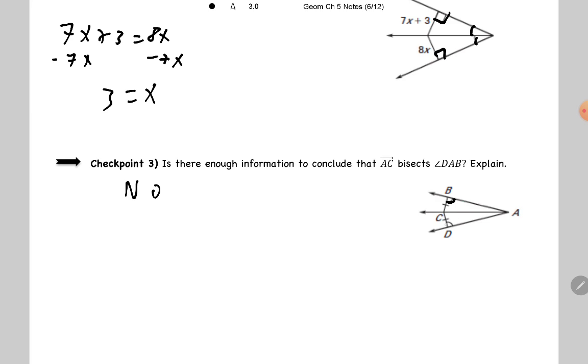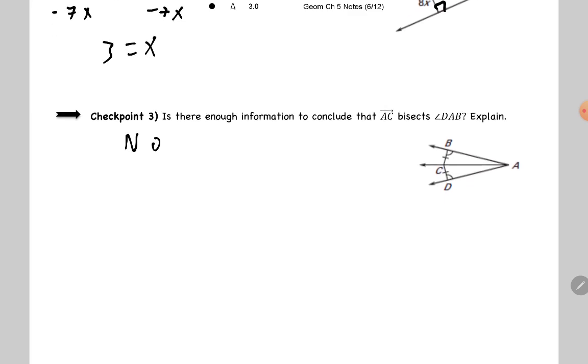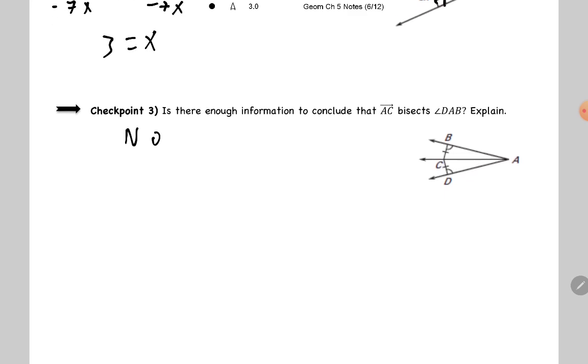They're just congruent to each other, so we don't know that AC bisects the big angle. Now, if we know that these two angles were congruent, well then yes, obviously it's the angle bisector. But we need those angles to be right angles. We need the perpendicular distance to be the same. So in this case, no.